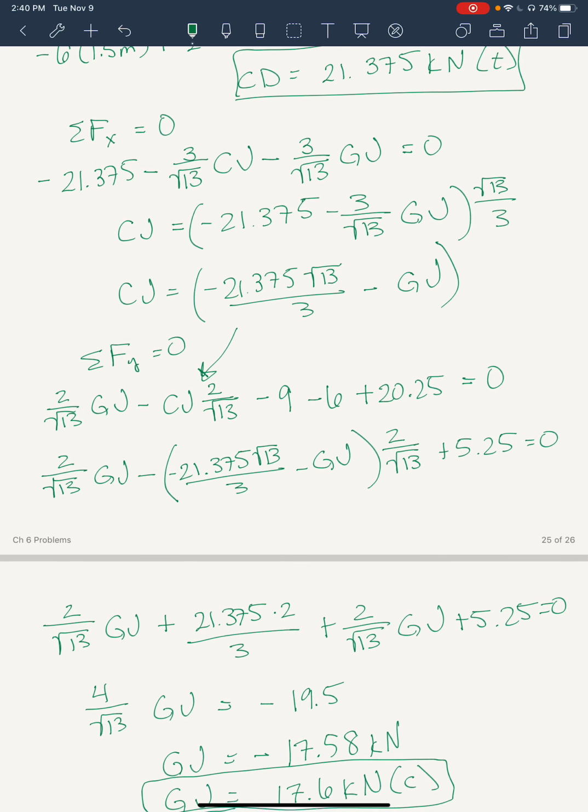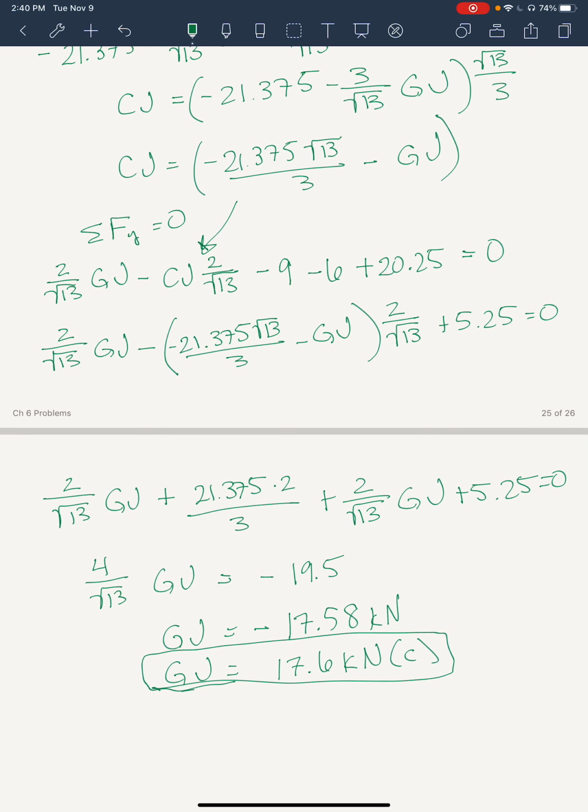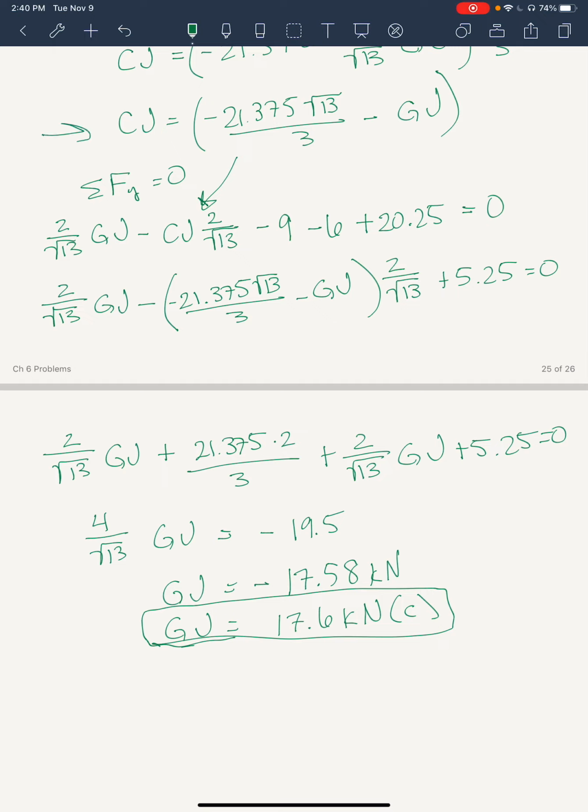So now we have GJ and CD, and then we can also solve for CJ by going back up to this formula.